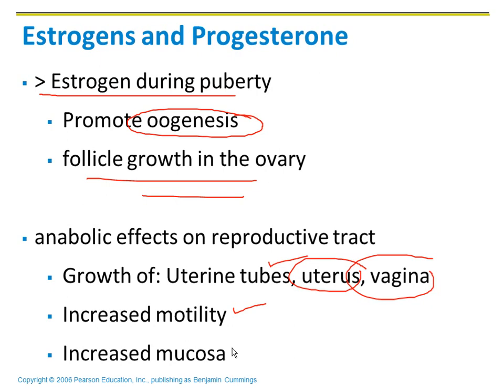Also, the thickness and activity of the mucosa is affected by estrogen as well. So, another interesting tidbit. During the menstrual phase and all these cyclic events, I mentioned earlier that mucus secretion from the cervix changes. Before ovulation and after ovulation, it tends to be somewhat thick, and that's a protective mechanism for the endometrium.